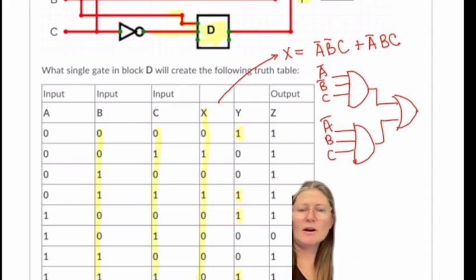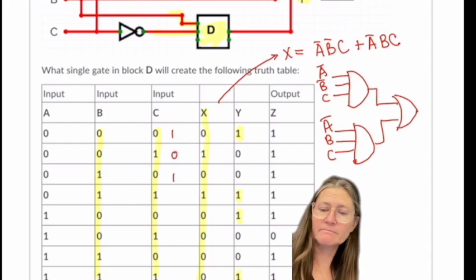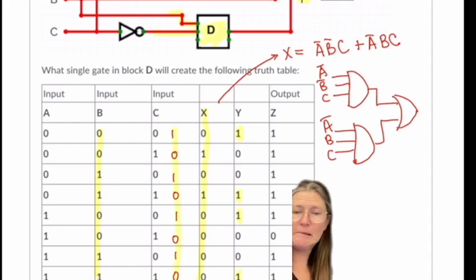So when you have C bar, so I'll draw it next to it. So what gate would be there? So it'd really be this one.